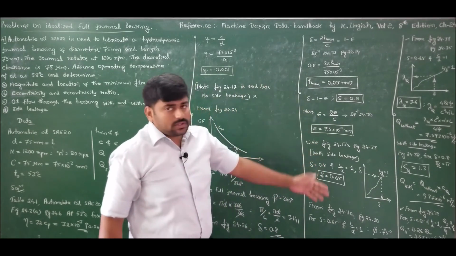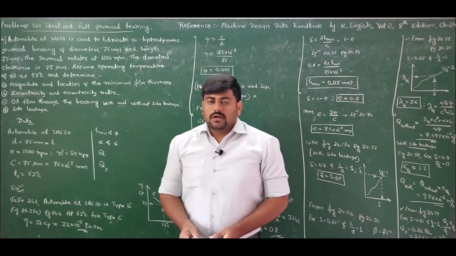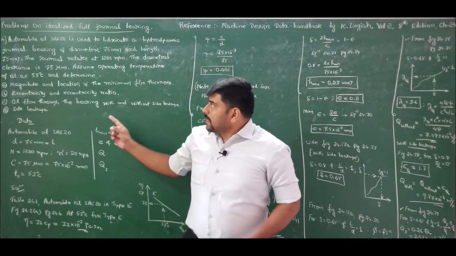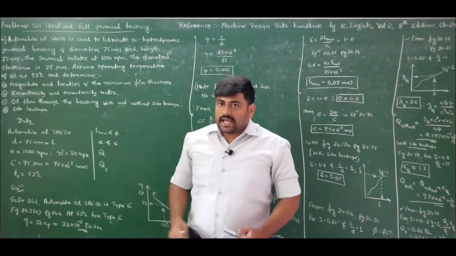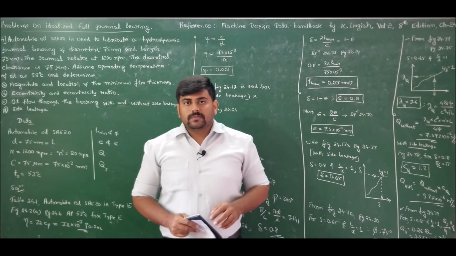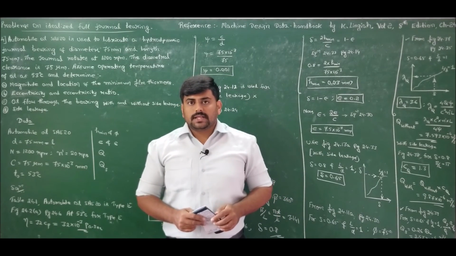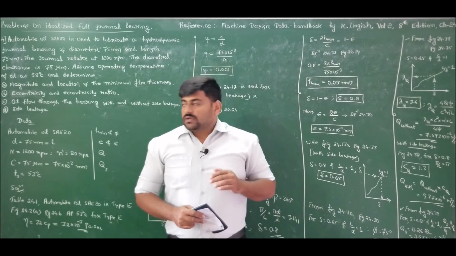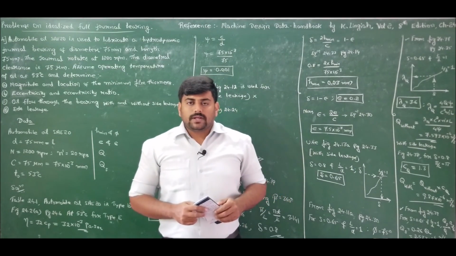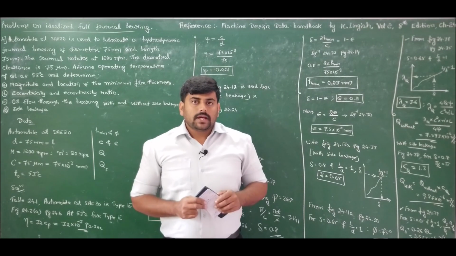So this is the complete solution for problem number 4, wherein we have solved a problem on an idealized full journal bearing with side leakage, for which I calculated the magnitude of minimum film thickness, position of minimum film thickness, side leakage, oil flow rate with and without side leakage, and also computed eccentricity and eccentricity ratio.